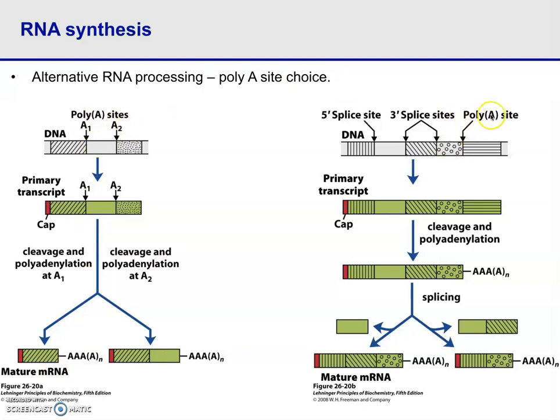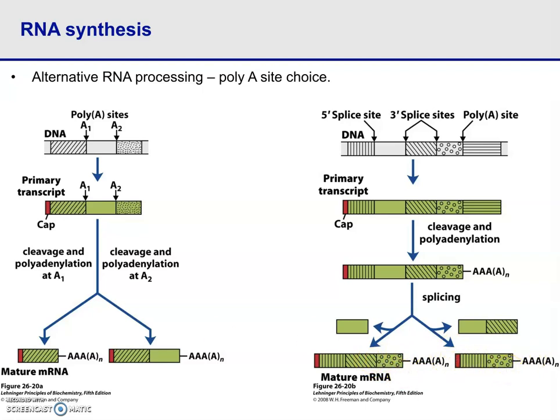We have one poly A site, but different splicing sites. We have the primary transcript, and we have polyadenylation of the primary transcript. But based on what type of splicing we will have, some of the resulting exons might not be found in the final product, leading to two different products in this particular case.